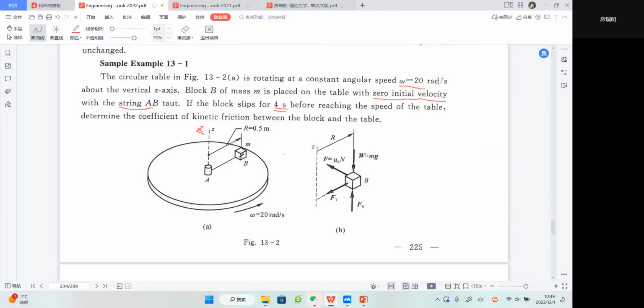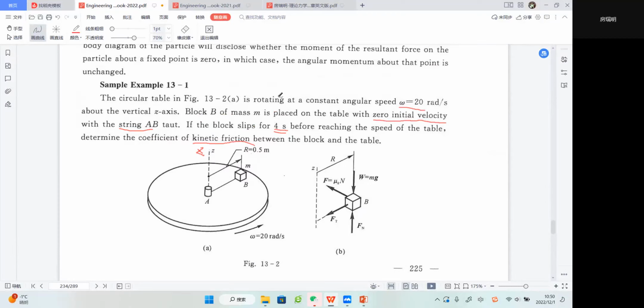And this AB will change into a straight line, and R will be 0.5. And actually, the whole process will have kinetic friction, 滑动摩擦, not static friction.